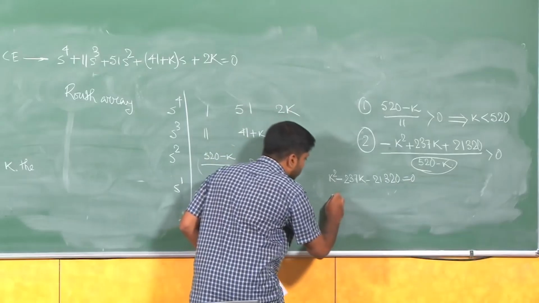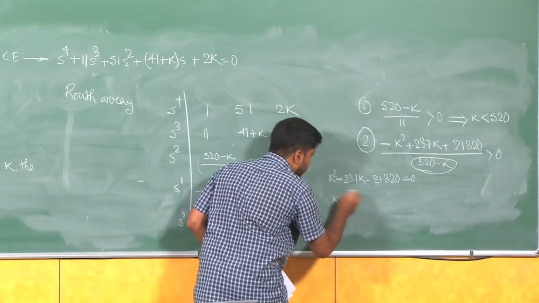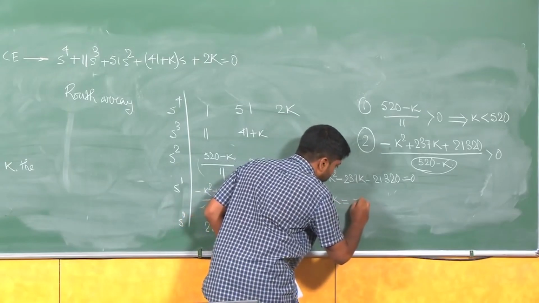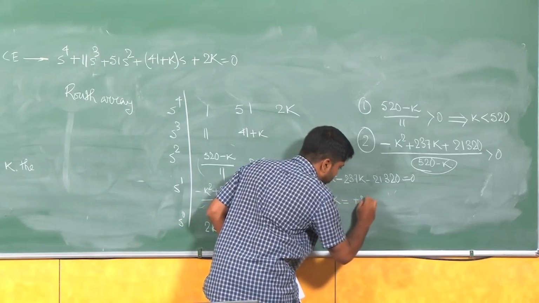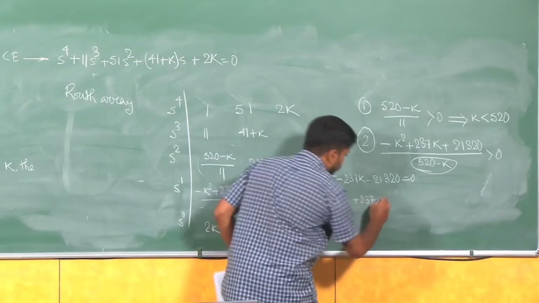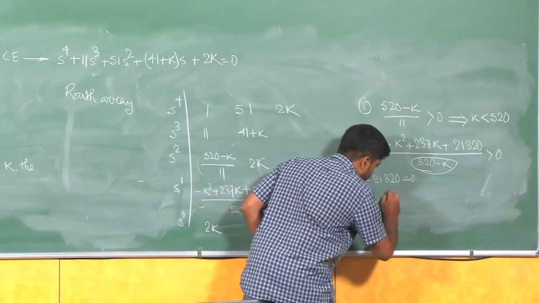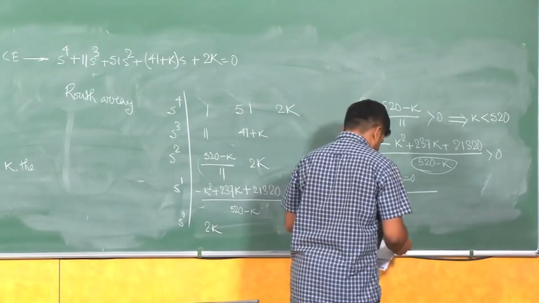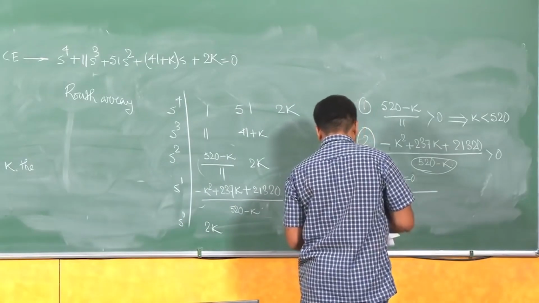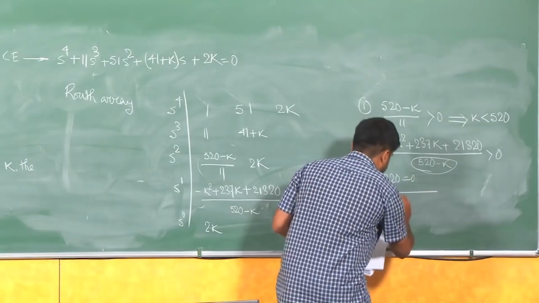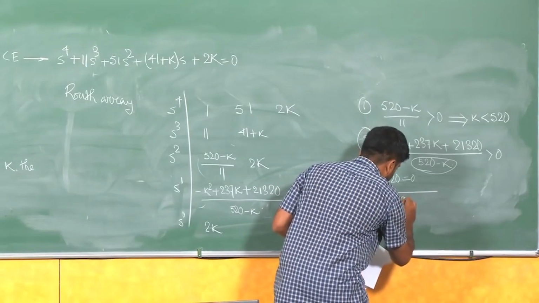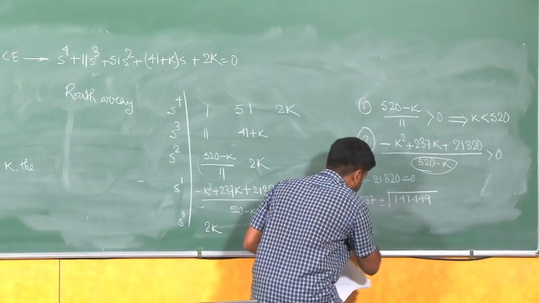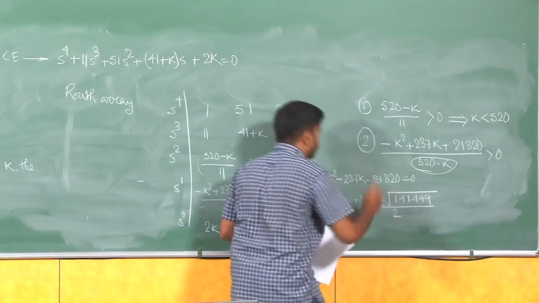The roots of this equation are 237 plus minus root over 141449, divided by 2.